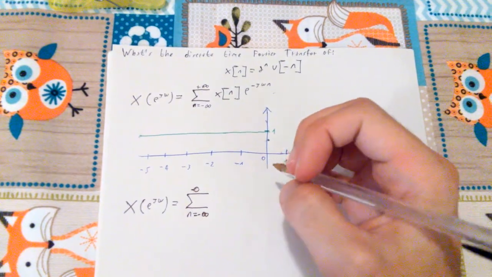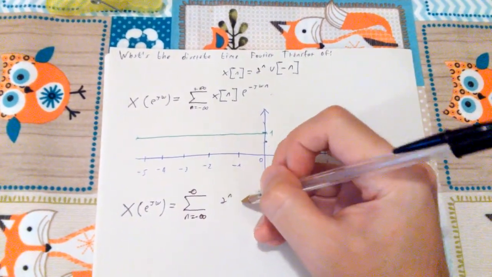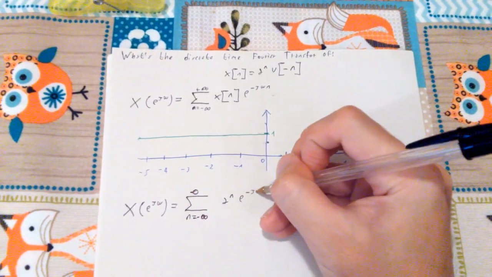I was almost making a boo-boo. Of a to the n e to the negative j omega n.